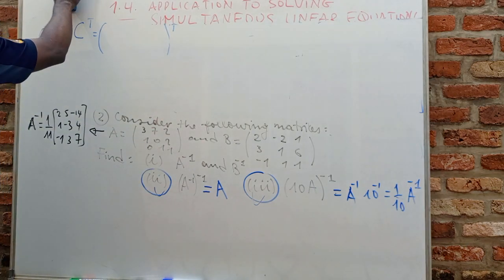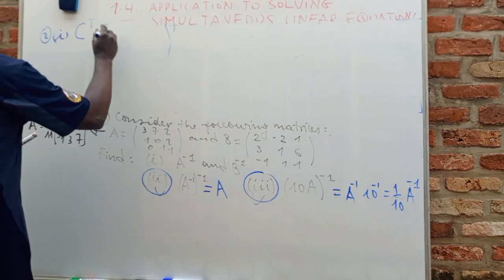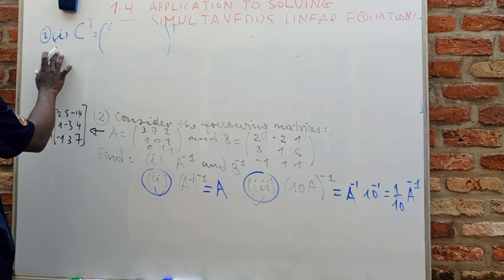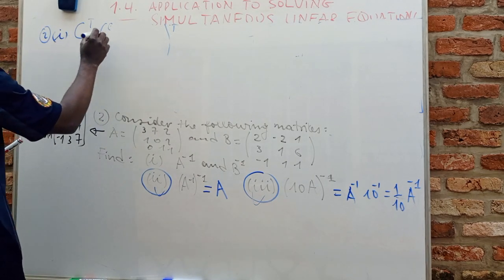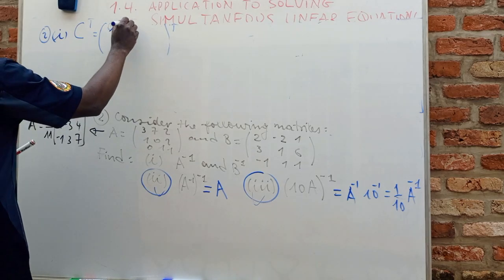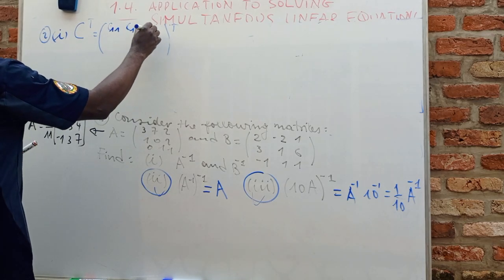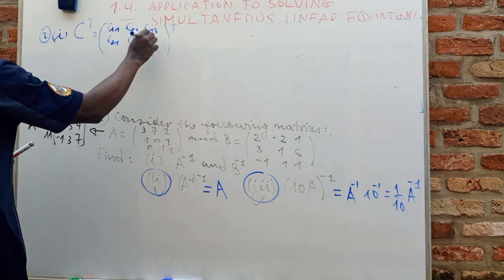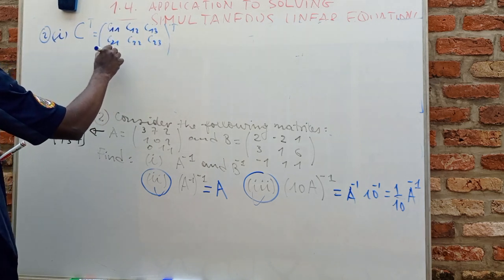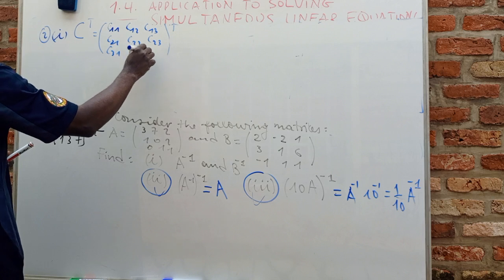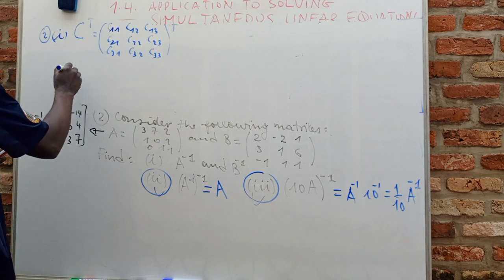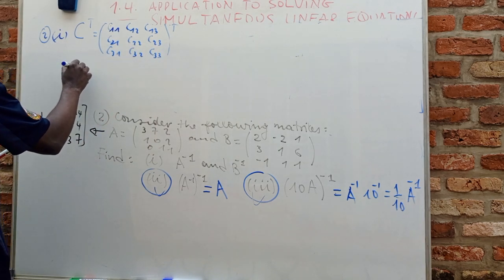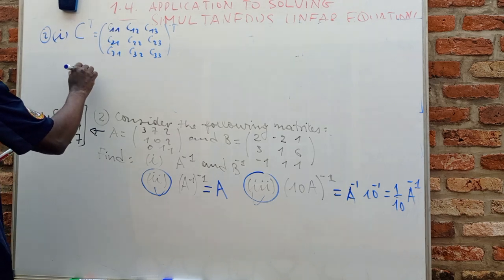Once again, what we need is the cofactor matrix for B: C11, C12, C13, C21, C22, C23, C31, C32, C33. Also, we need the determinant of matrix B this time.